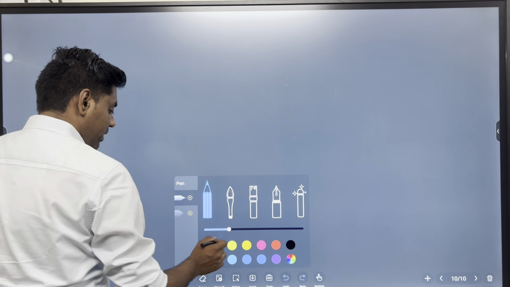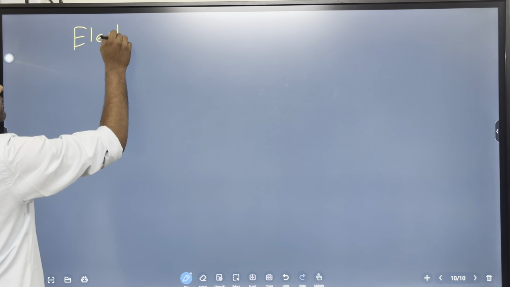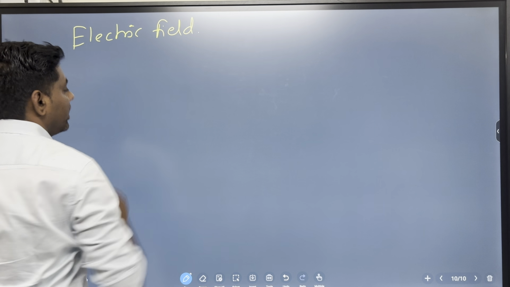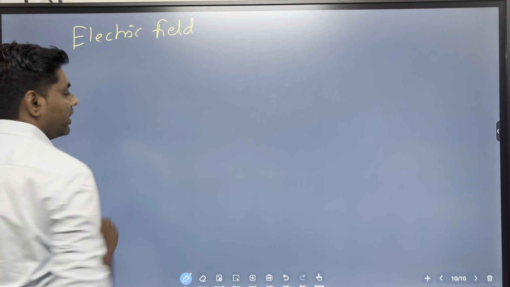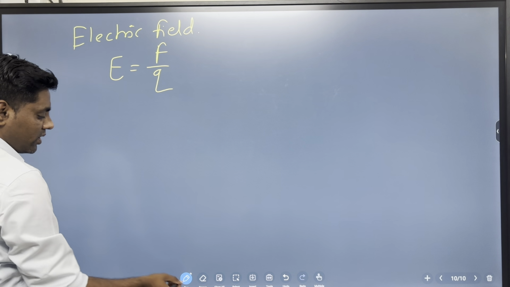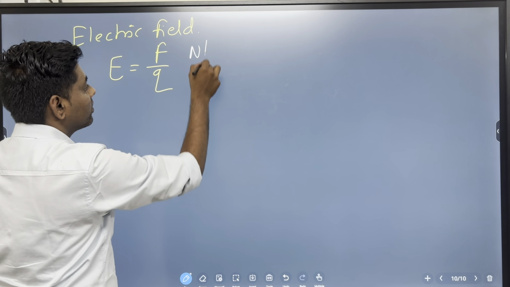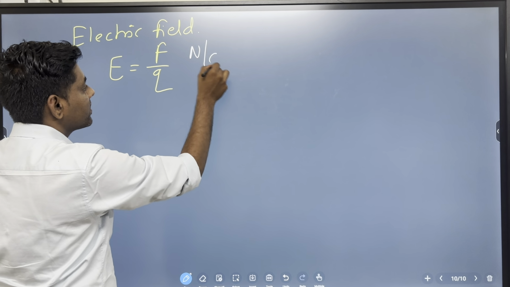Next physical quantity is important, that is electric field. It is denoted by the letter E and is equal to force per unit charge. So you can easily calculate the SI unit, Newton per coulomb, and according to that SI unit you can calculate the dimensions.